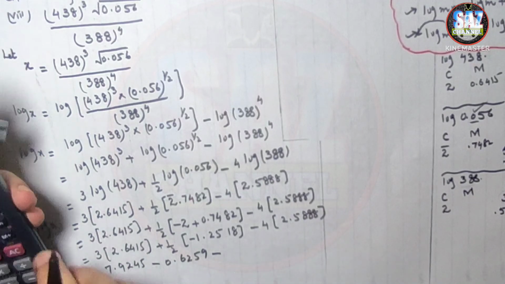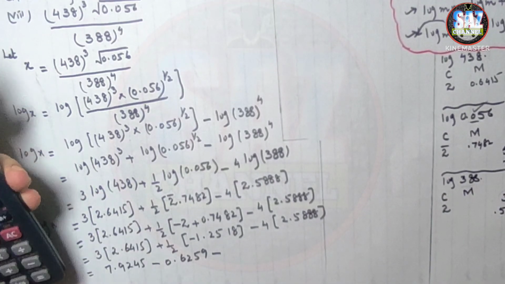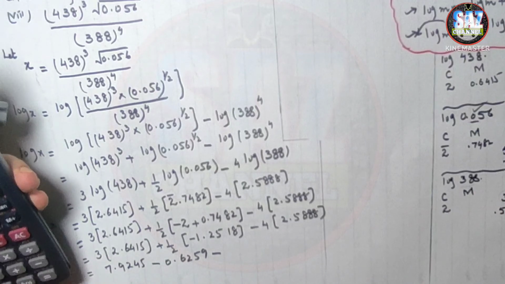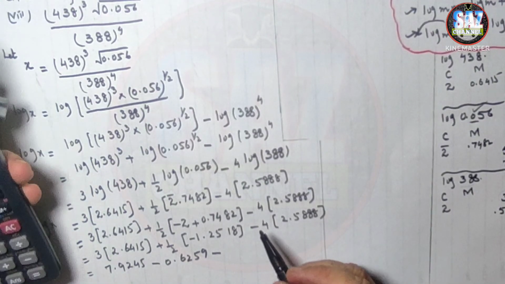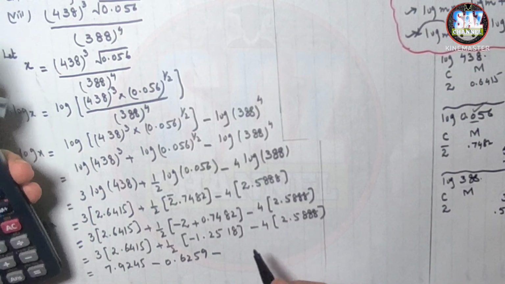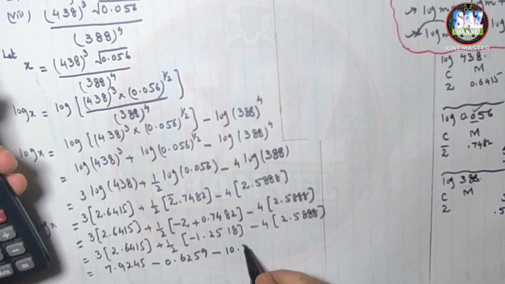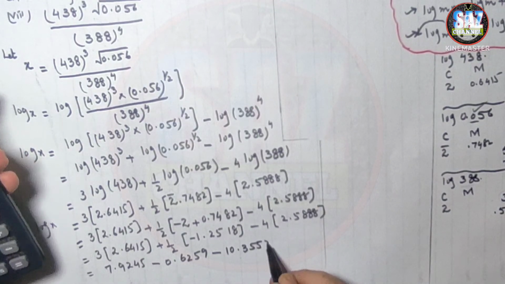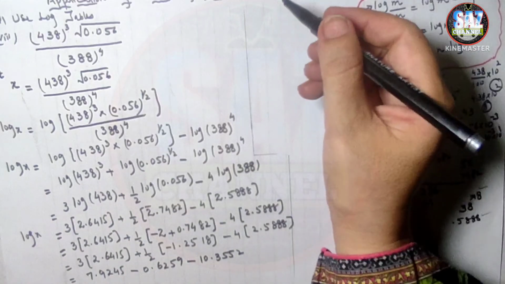Minus 4 into 2.5888, okay, minus 10.3552. So let me go up over here.